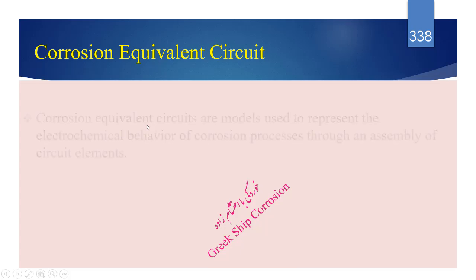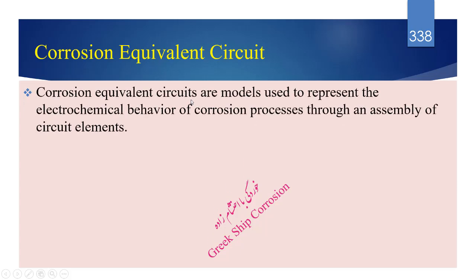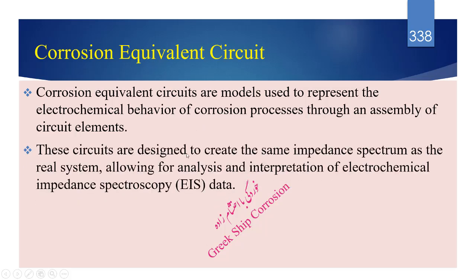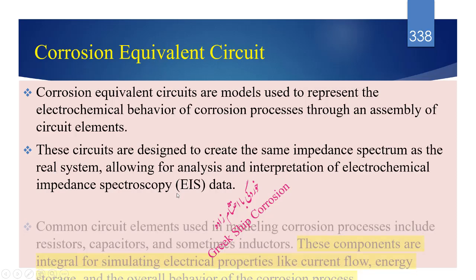Corrosion equivalent circuit. Corrosion equivalent circuits are models used to represent the electrochemical behavior of corrosion processes through an assembly of circuit elements. These circuits are designed to create the same impedance spectrum as the real system, allowing for analysis and interpretation of electrochemical impedance spectroscopy data.